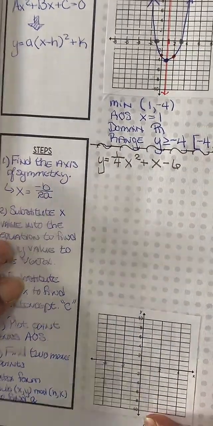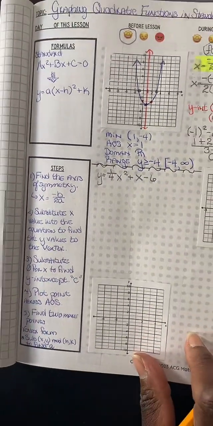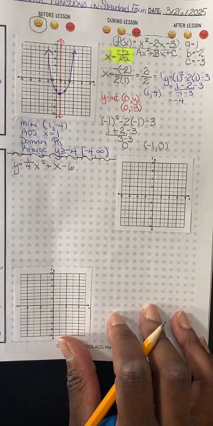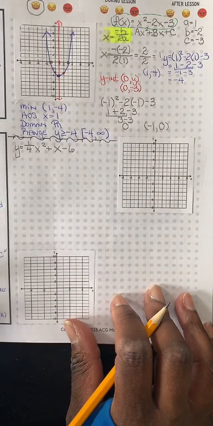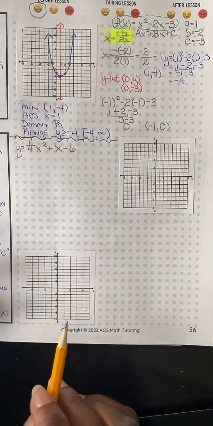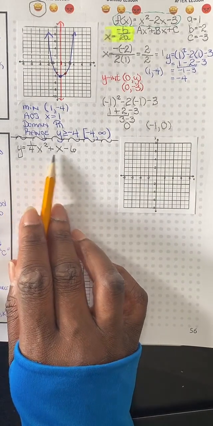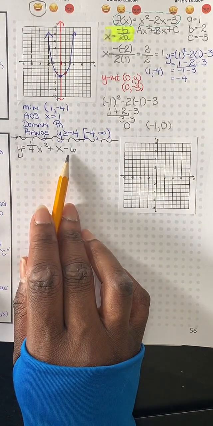Let me unzoom a little bit, get you guys centered a bit. Okay, so 1/4 x squared plus x minus 6.